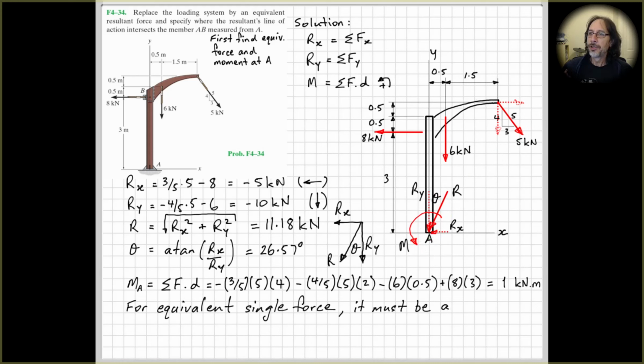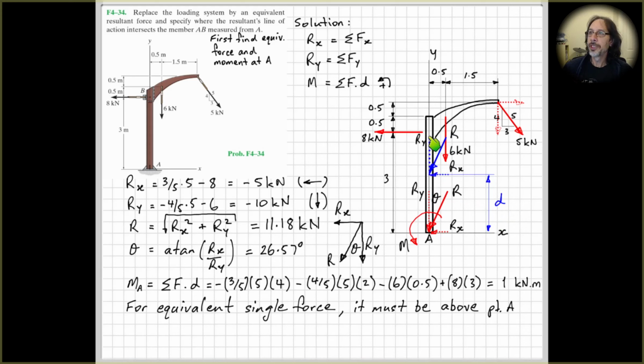So we need to move it somewhere. I think we can see fairly obviously that we need to move it up in order to get an anti-clockwise rotation. If we move it up somewhere and we don't know how far up we need to locate it, we just label that with an unknown label D.